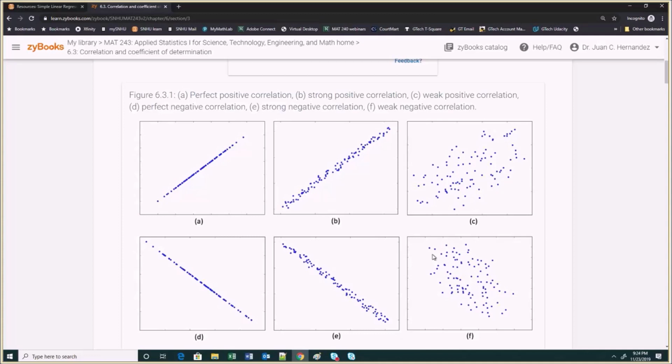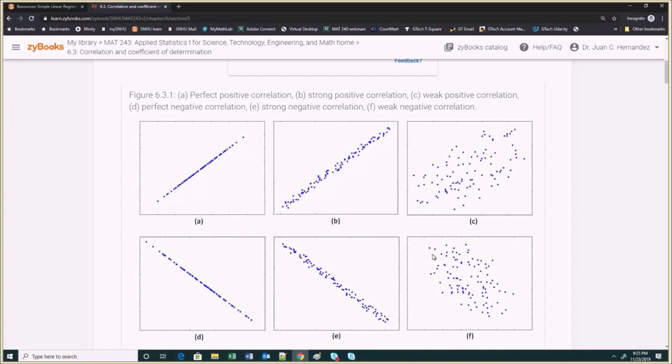Let's take a look at a graphical representation of what Professor Kadri just described. If you look at graph A, it is a straight line. There are basically no errors between the two variables, so they are very highly correlated.